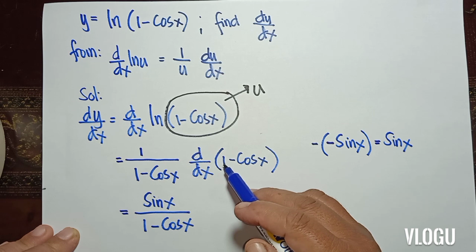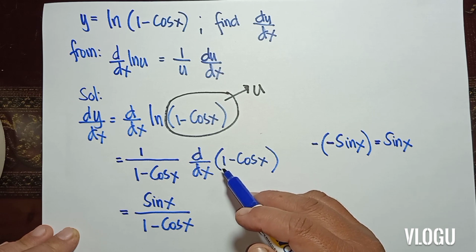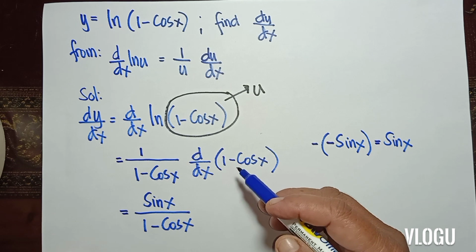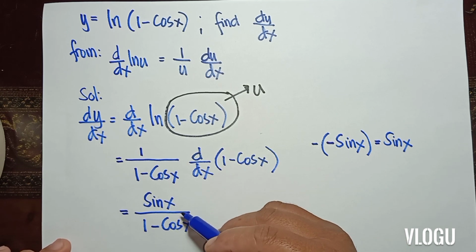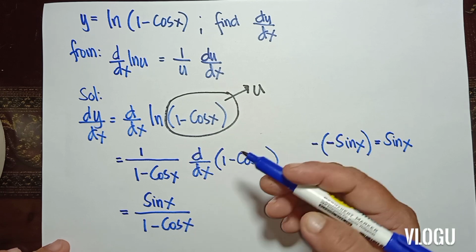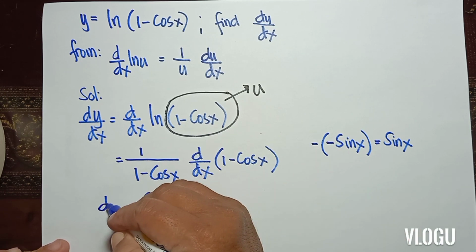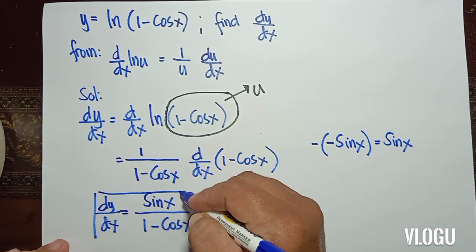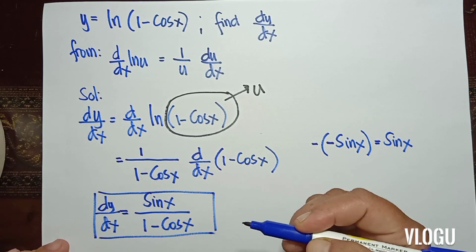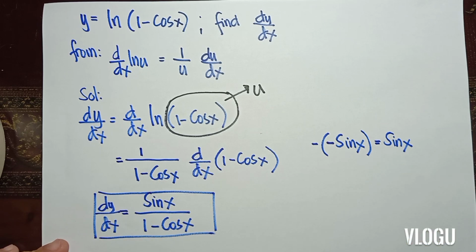And the derivative of 1 is equal to 0. So therefore, our final answer is sine x over 1 minus cosine x. So that is now our final answer.